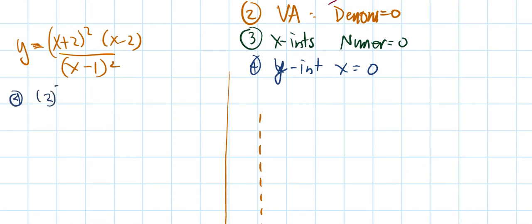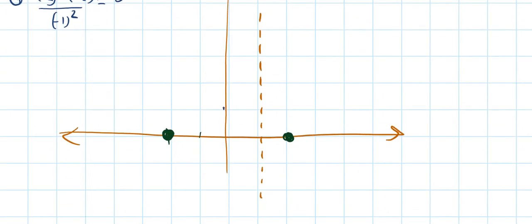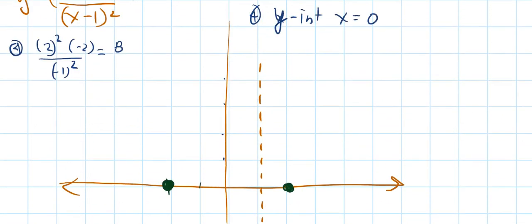I get 2 squared times negative 2 over negative 1 squared, which is overall some value of 8. Ugh, that's going to be a big number. 1, 2, 3, 4, 5, 6, 7. All right, so it's going to be some positive number. It's big, and I will run off the edge of my picture. So I'll just draw it here. So some fairly large positive y value.